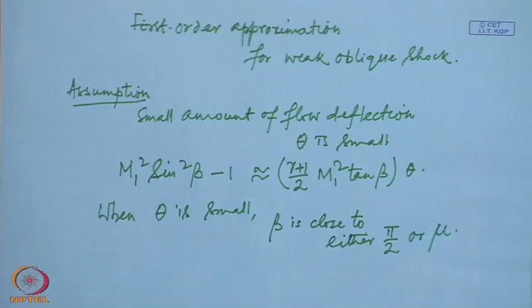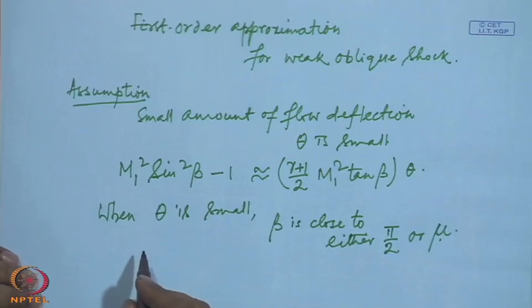That is, there are two solutions for small theta. One is very close to the normal shock, where the wave angle is very close to pi by 2, or very close to the Mach angle.